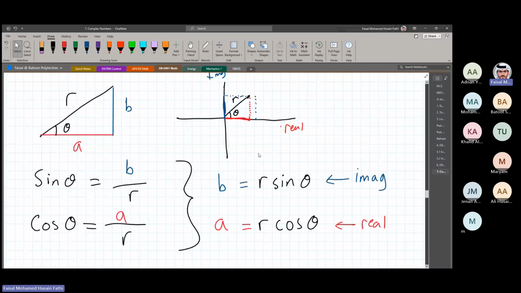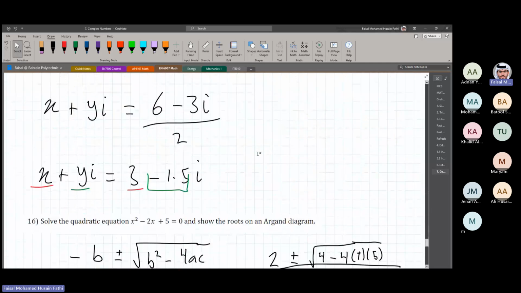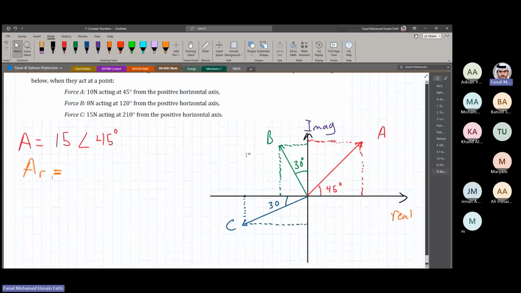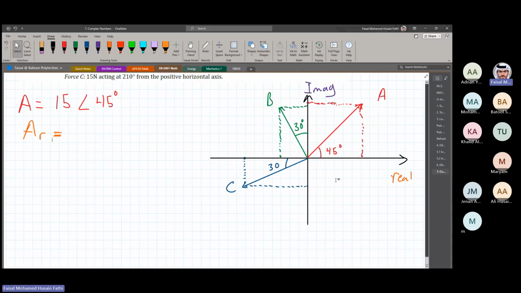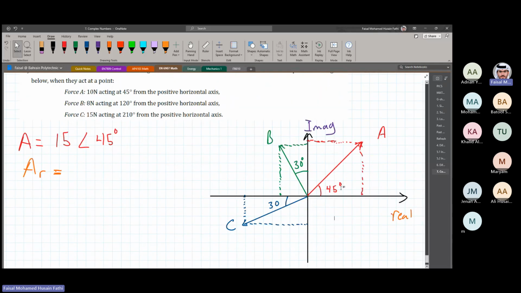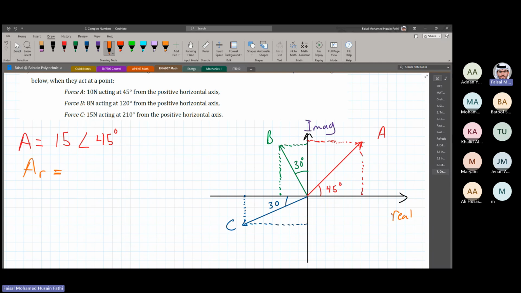So R cosine theta. Now keep in mind, I have no idea if this will come in the exam, but it's a nice question, so I'm solving it. Keep in mind, theta here, we are not talking about this angle, 30 degrees. For A, we are talking about this angle. Here, we are talking about the other angle, and you need to make sure you're taking the right angle. But for A, let's go step by step.